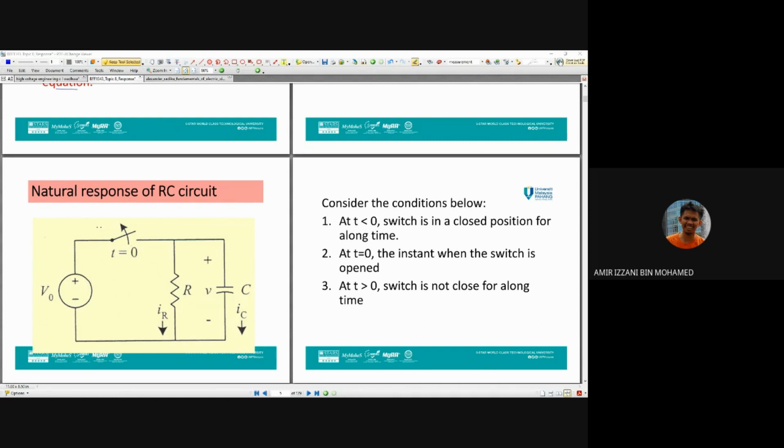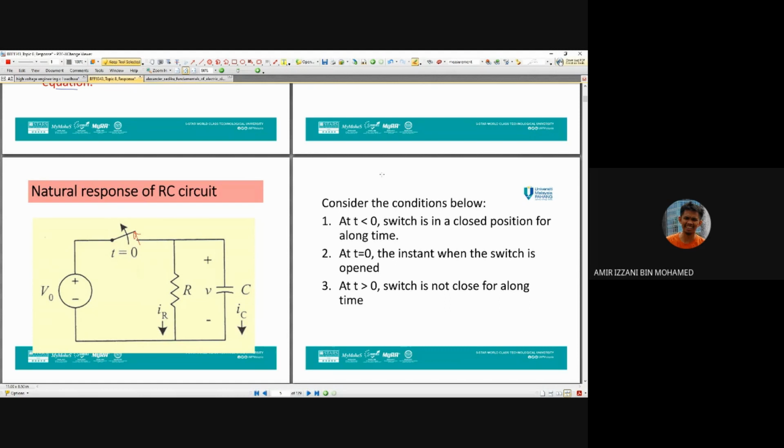In this case, we use a DC power source. At t equals 0, the switch is open. Consider the following conditions.